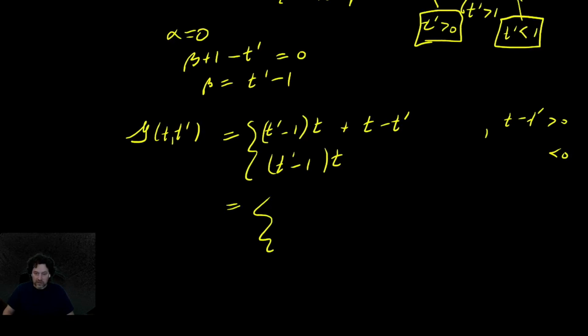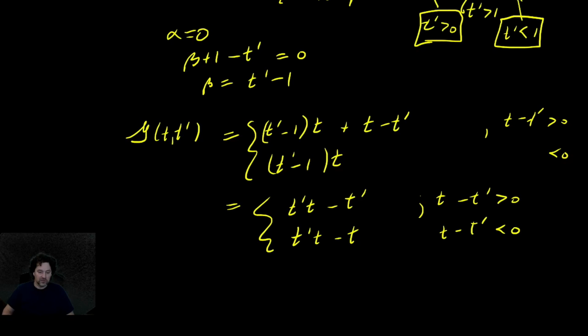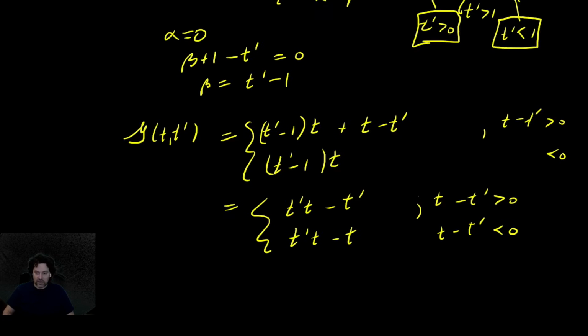Simplifying, that is t prime t minus t plus t minus t prime. There we go. And t prime t minus t. Okay, so t minus t prime greater than 0, t minus t prime less than 0.